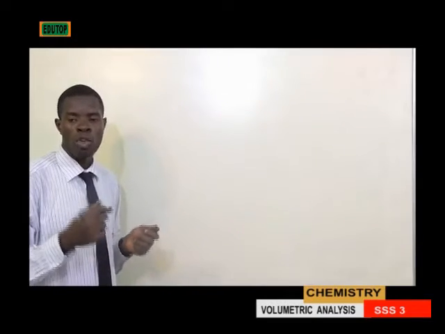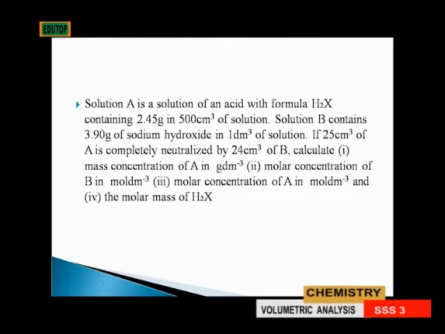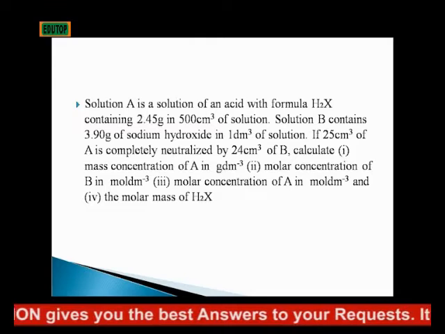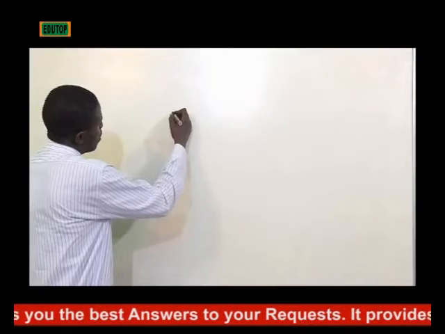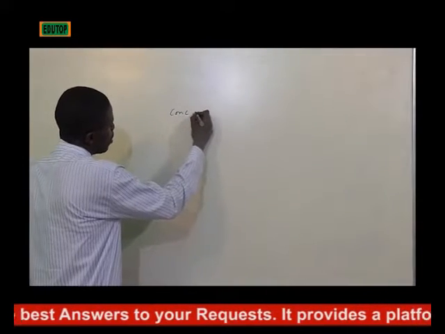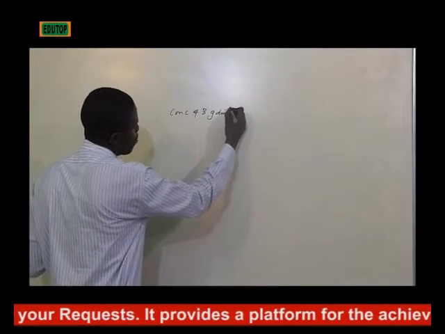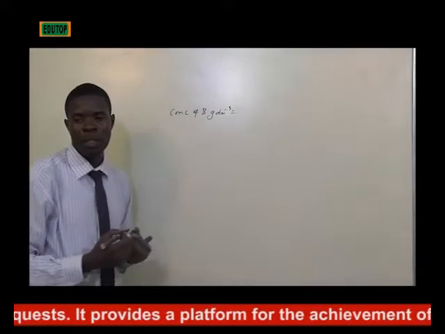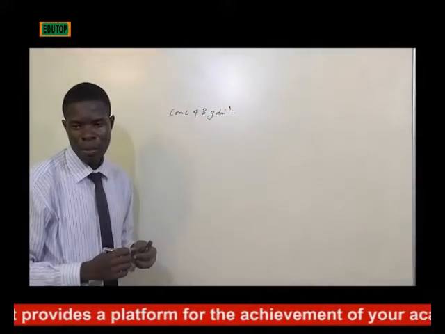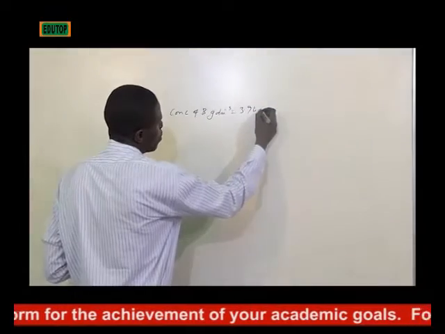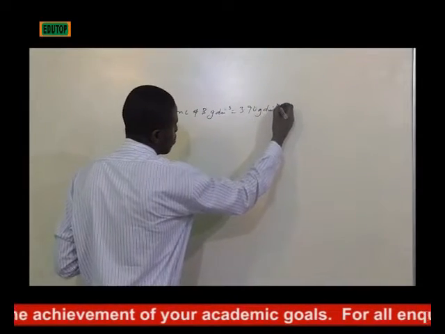Answer to Roman numeral 2, which says molar concentration of B in mole per dm cube. Remember that the concentration of B in gram per dm cube has been given in the question to be 3.90 gram per dm cube.